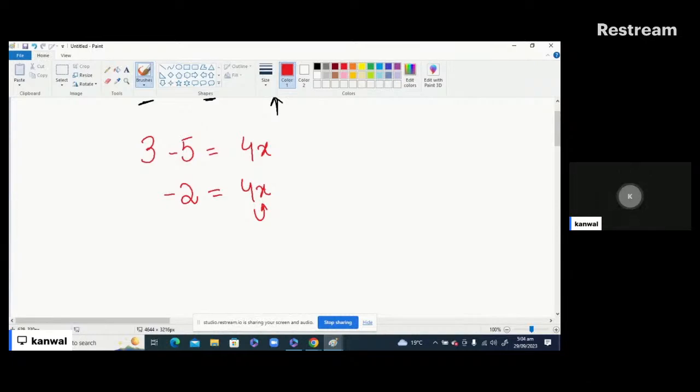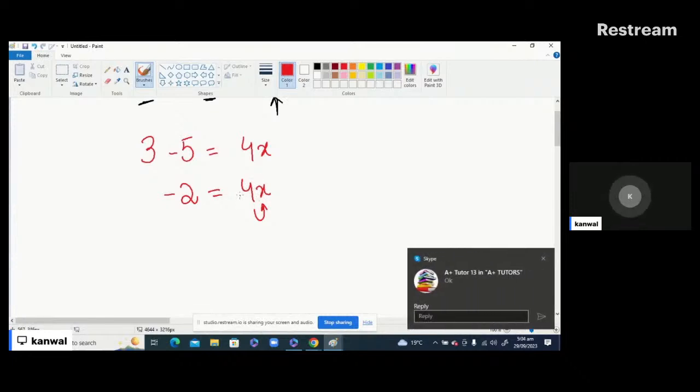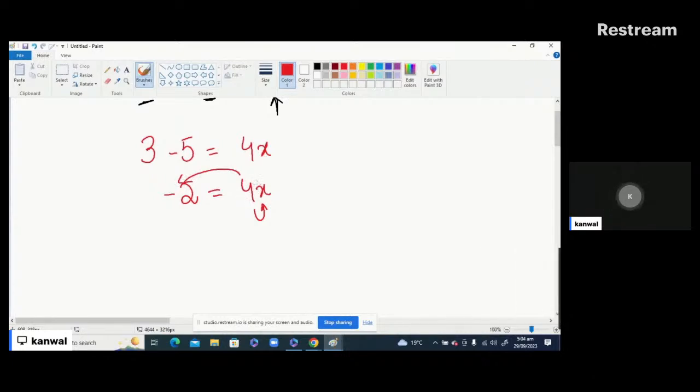That means, so what we do, we simply divide this 4 in that side. Here it's multiply. When we move this term from right hand side to left hand side, it becomes in the form of division. So here x as it is, minus 2 as it is, this 4 is divided. Okay, and that is the answer.